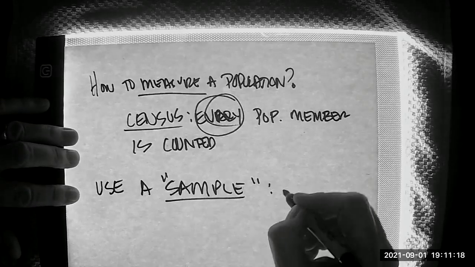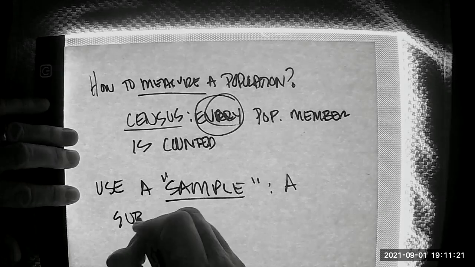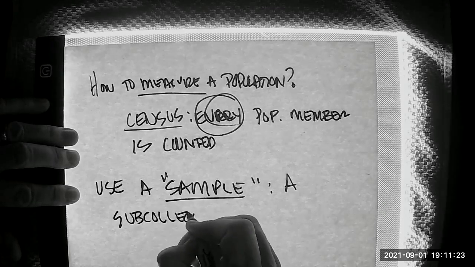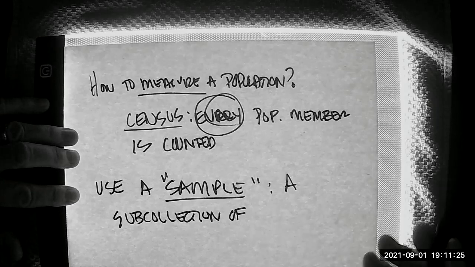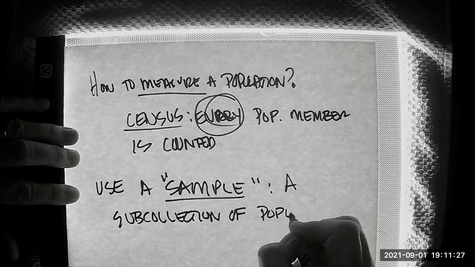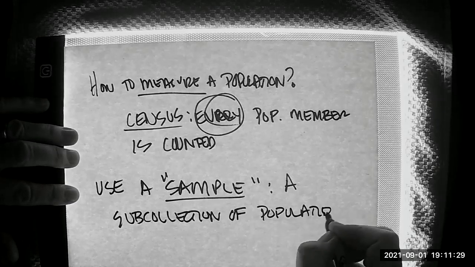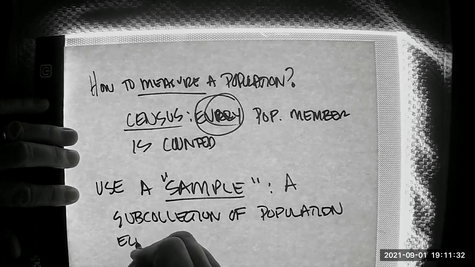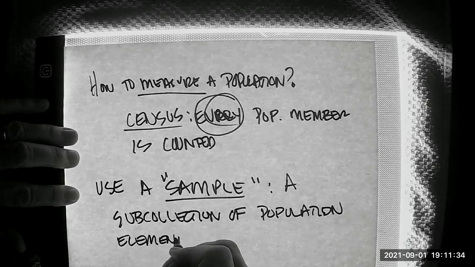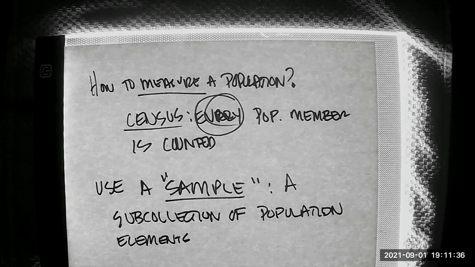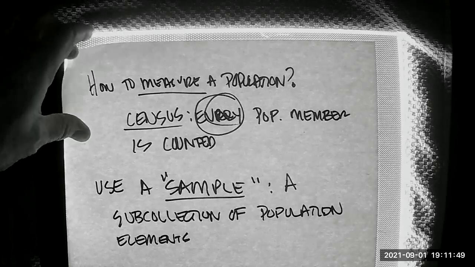Now, a sample is just a sub-collection of population elements. We often like the word elements when we refer to populations. We use a sample. And you might wonder, if you haven't measured everyone, how can you say anything about the large population?